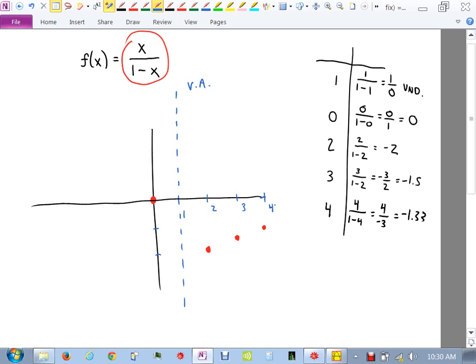Now, my graph appears to be curving like this, right? What do I know has to happen here at this dotted line? If I'm trying to travel along my function, what has to happen there? That vertical asymptote I said was a barrier, and it forces your graph to go up or down, right? What does it look like is going to happen?